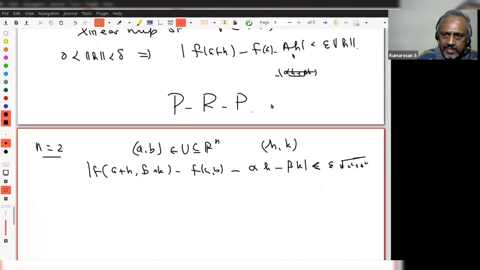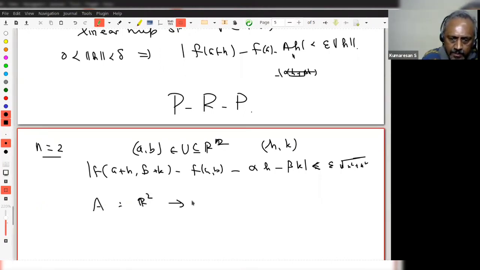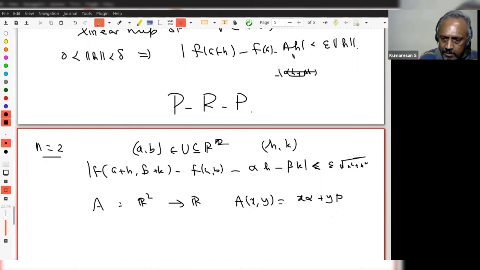Now let's try to understand. A is a linear map from R2 to R, right? And just now I classified all linear maps. Therefore, what is A of (x, y)? A of (x, y) must be of the form x times alpha plus y times beta, for some unique alpha, beta in R2.